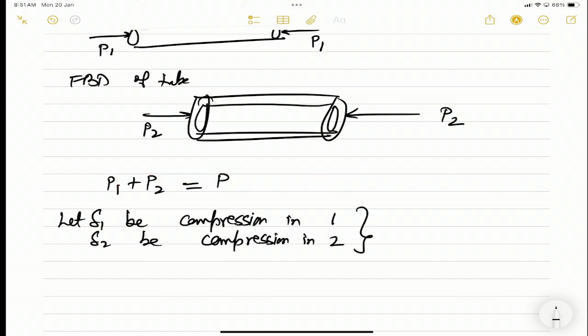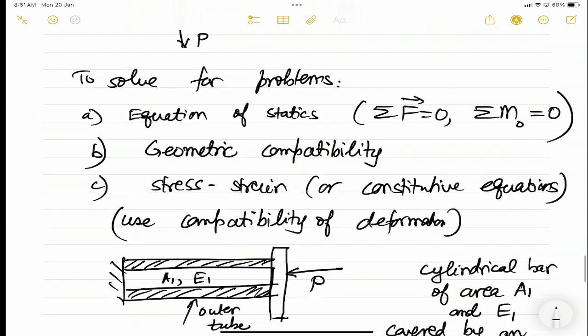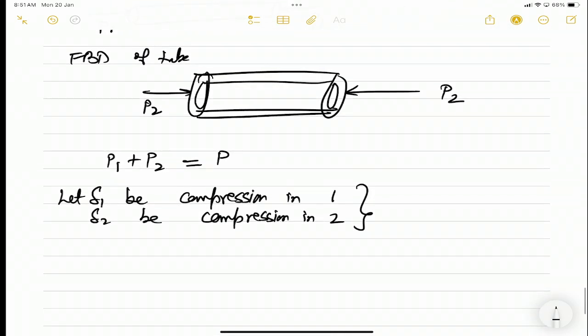So, the first part which I said here, equation of statics just gives me P1 plus P2 is equal to P. This is what I get from statics.